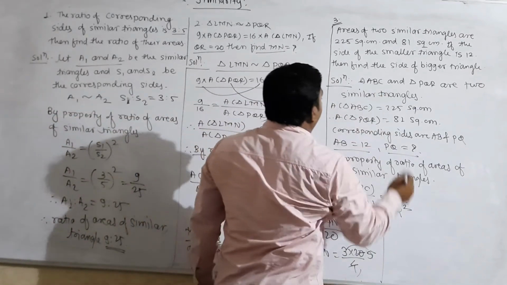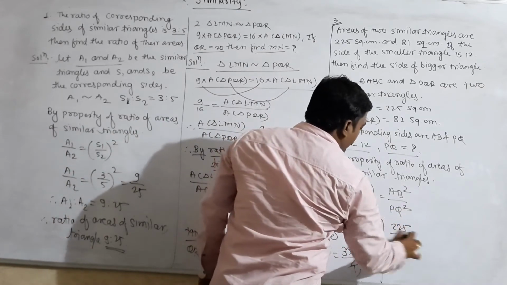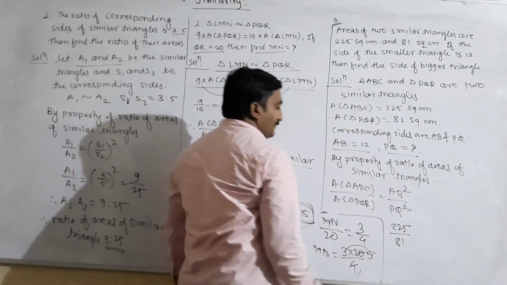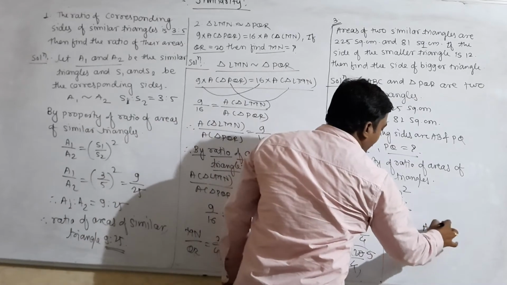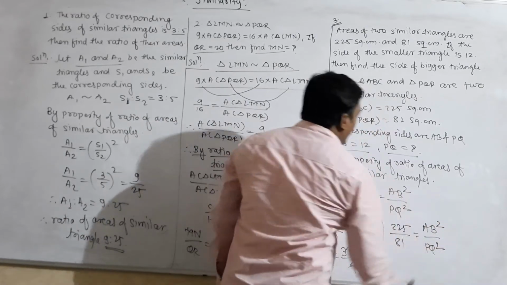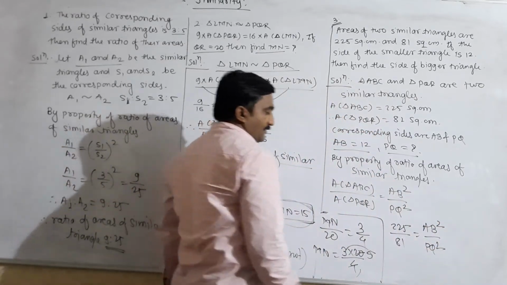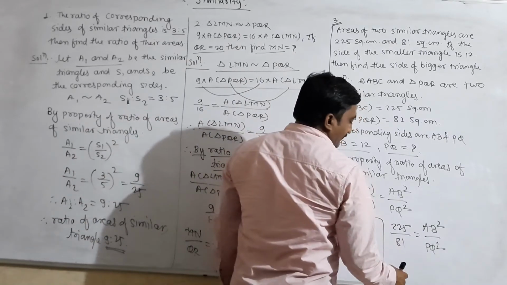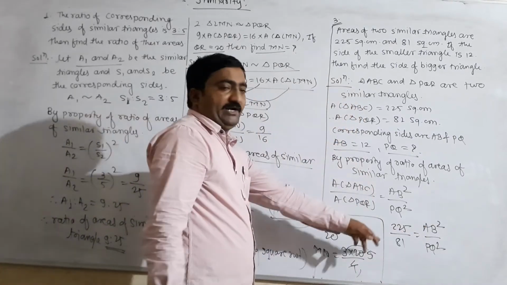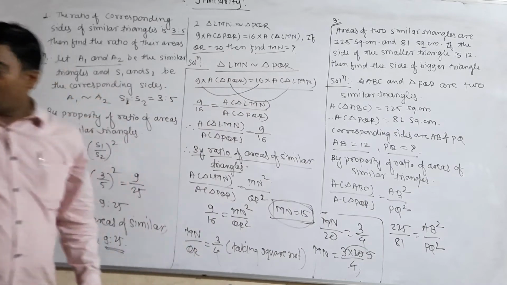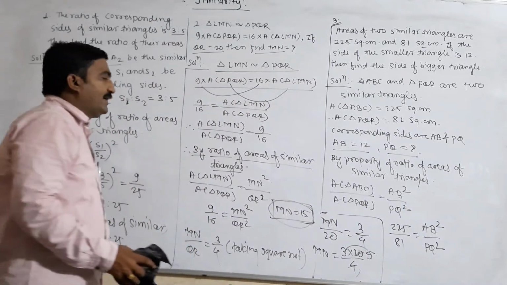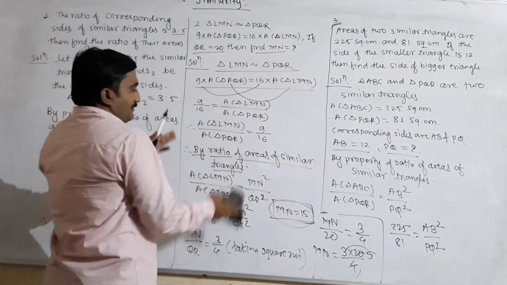So 225 divided by 81 is equal to AB square divided by PQ square.